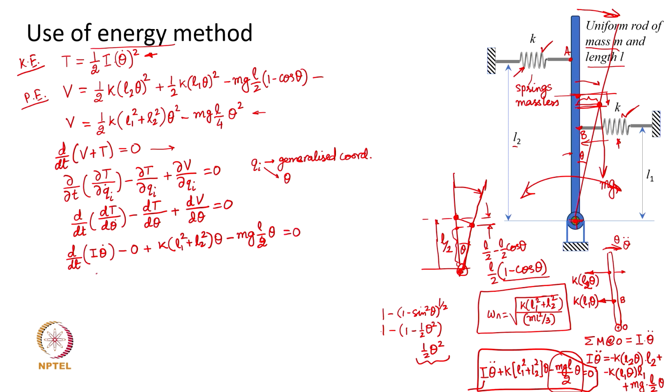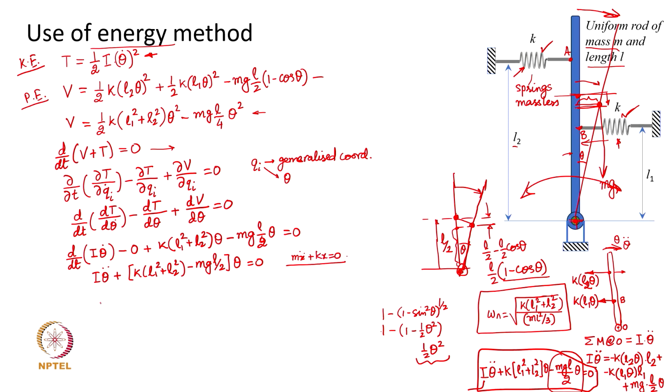Now, further I can write this as I theta double dot as the derivative with respect to time plus this expression of k L1 square plus L2 square minus mg L by 2 theta equal to 0, and that gives me, in our standard form, m x double dot plus k x equal to 0.